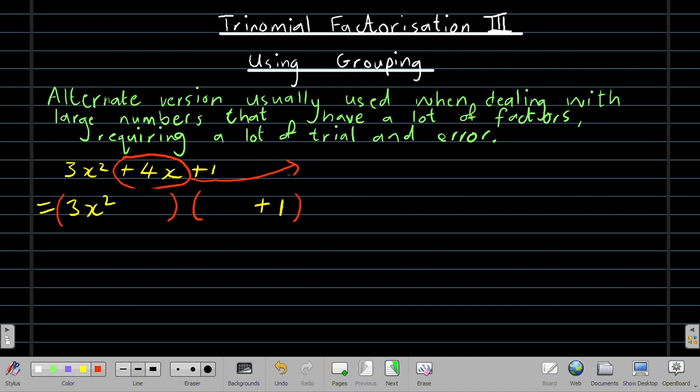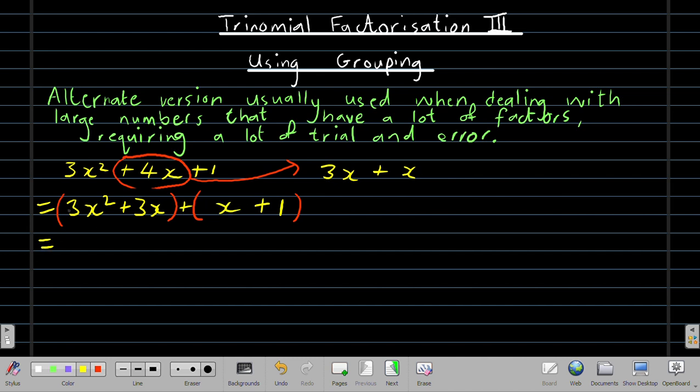What can we break it up into so that we can have a common factor between 3x squared and a common factor between this one? We can break this up into 3x plus x. So 3x plus x just gives you 4x, and we can just write it down right here as 3x plus an x right here.